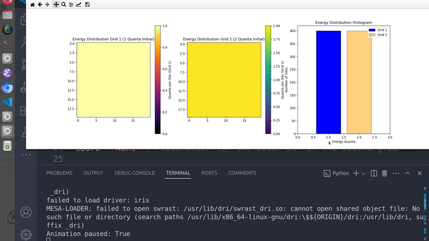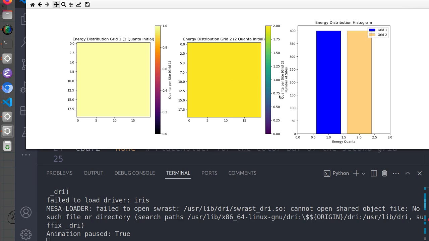For the initial state, the blue histogram represents grid number 1 or system number 1, and the yellowish orange histogram is for grid 2, system number 2.